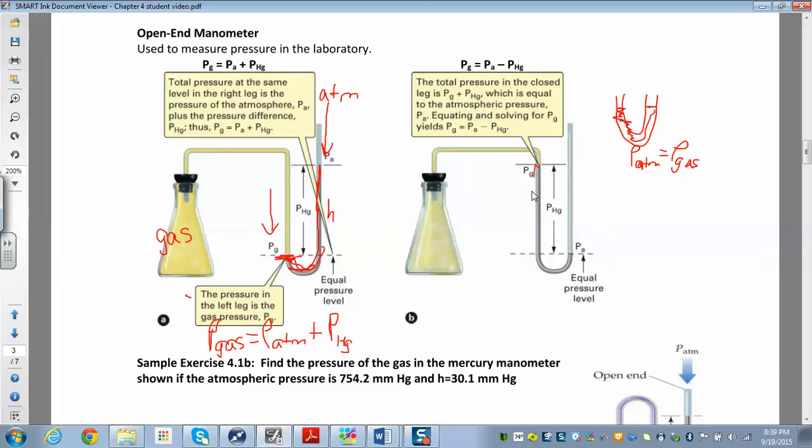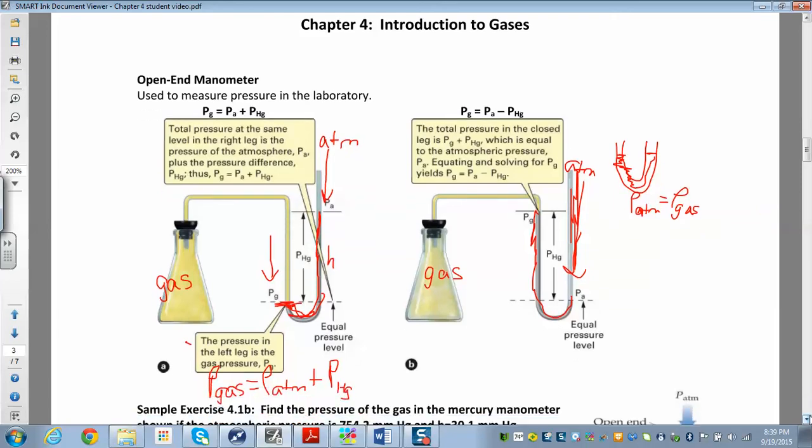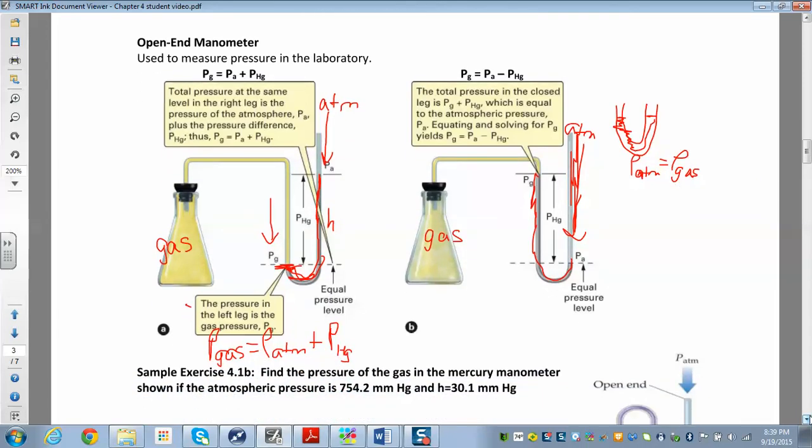Over here, here's your mercury, and this is your gas again. Now who's pushing more? The atmosphere is going to be pushing more, you see, because that side is lower. Now you're always trying to measure the pressure of the gas. So here the pressure of the gas is going to be the pressure of the atmosphere minus the pressure of the mercury, the difference in the columns of mercury.